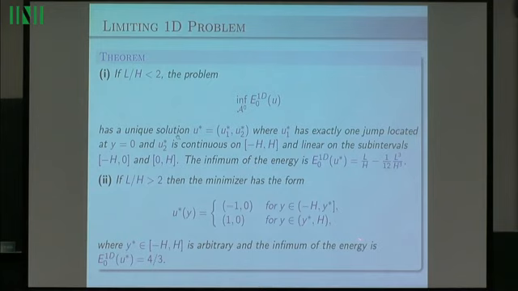If L over H is less than 2, then you will see a minimizer which has some divergence and some wall cost. And if L over H is greater than 2, then the divergence cost disappears. So as you would expect, for large L, the divergence is going to be 0 everywhere, and all the cost is going to be concentrated on the wall.